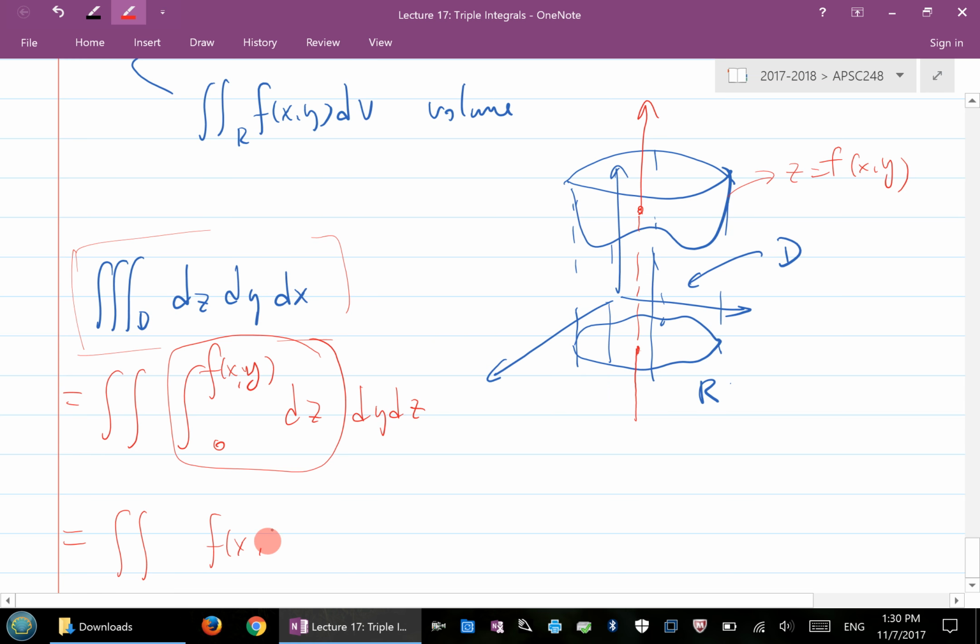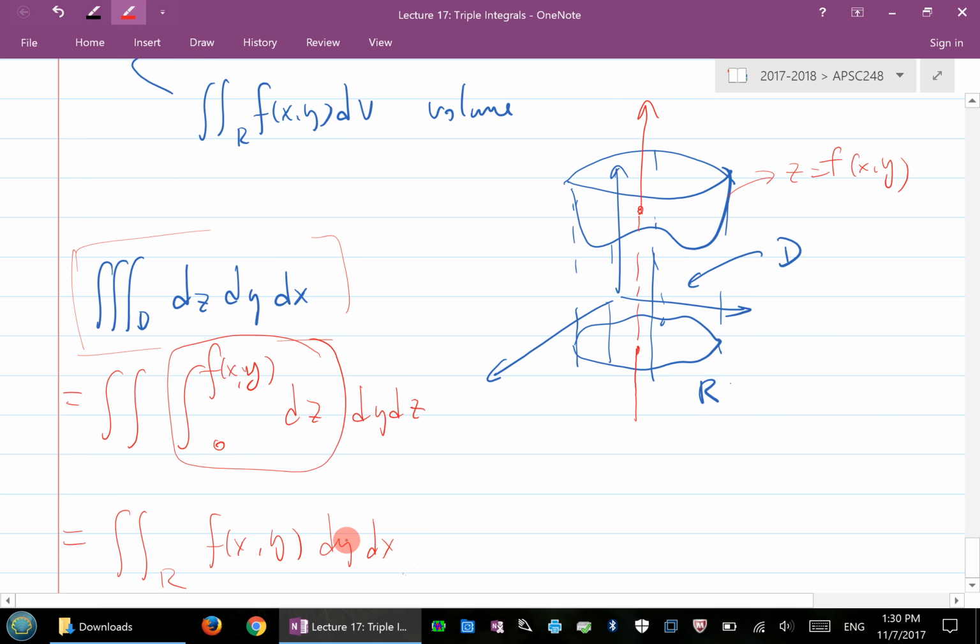It gives us just f of x, y, and then the rest is dy, dx. So now you see this is the double integral we're talking about. So that's the connection. You can turn your triple integral into a double integral under this situation when you calculate the volume.